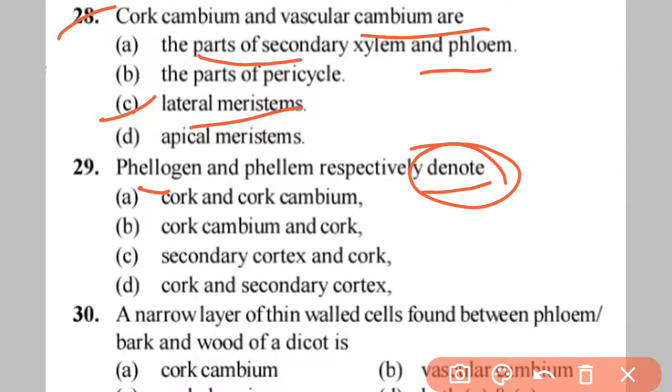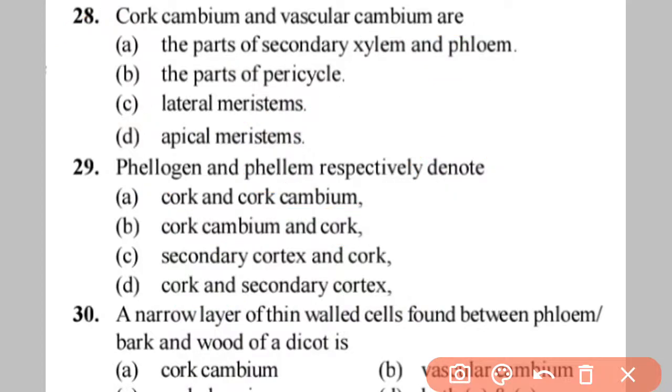Phellogen and phellem are denoted by cork cambium and cork, secondary cortex and cork, and so on. The correct option is option B, cork cambium and cork. Phellogen is known as cork cambium and phellem is cork.